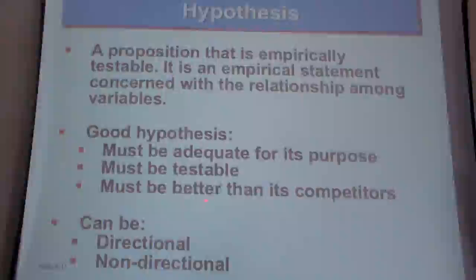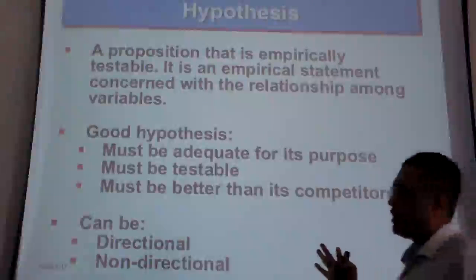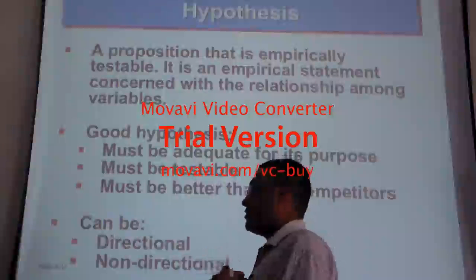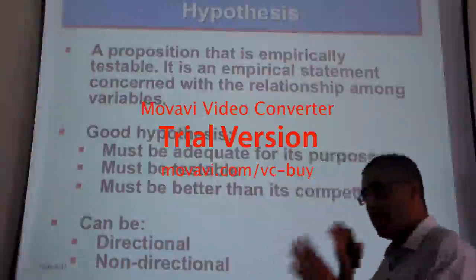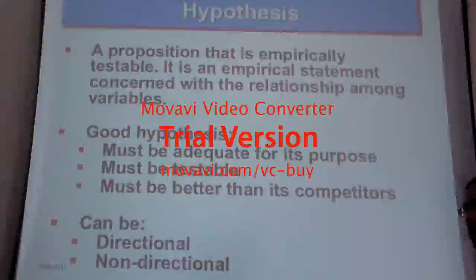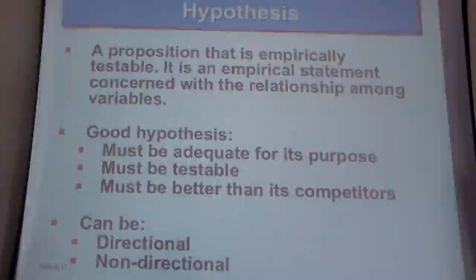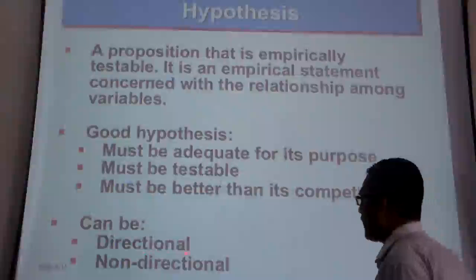So it should be better than its competitors. If we have more than one hypothesis, the hypothesis that we choose must be better than the other hypotheses. Okay? Also, among the characteristics of a hypothesis, it can be directional or non-directional.